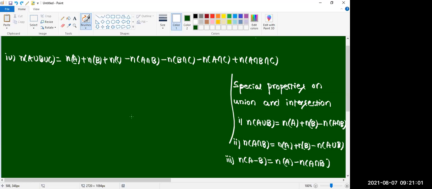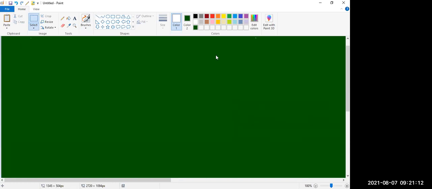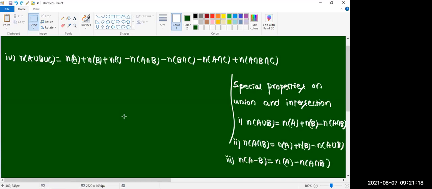The easy concepts are these: finding union, intersection, these are all very easy. Check all the concepts fast.